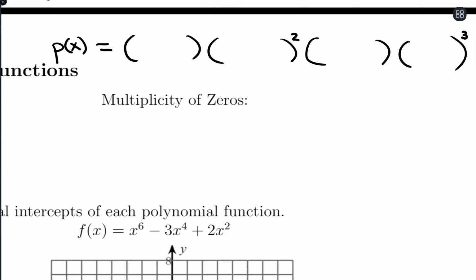But what this wording of multiplicity of zeros is doing is that when we have this factored form, it makes it really easy to graph those horizontal intercepts. So that's what multiplicity of zeros means. Zeros is another word for horizontal intercepts, or x-intercepts.